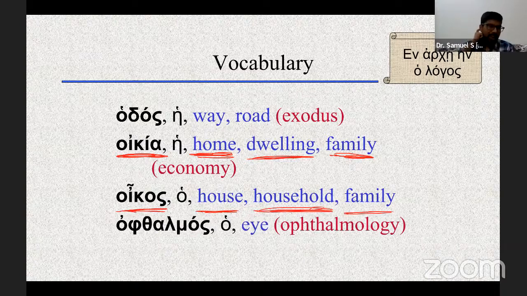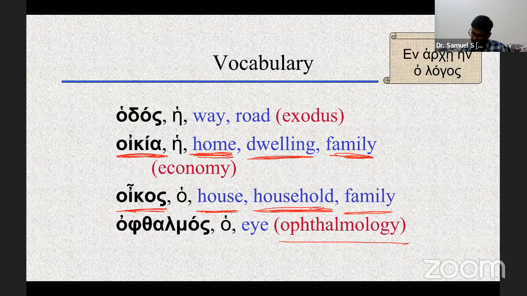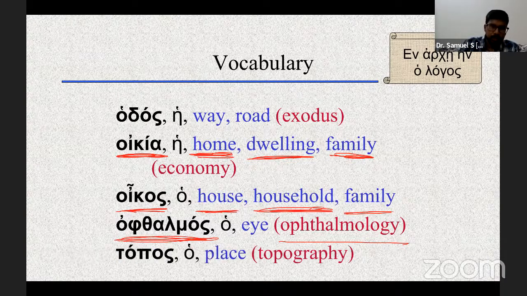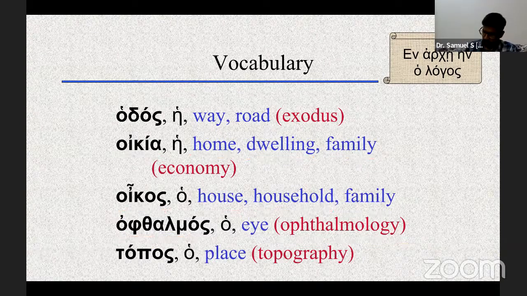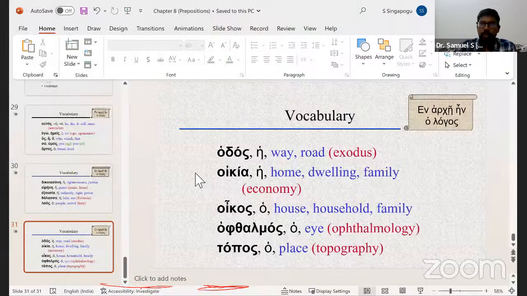Ophthalmos, eye. Ophthalmology. Topos, topography, a place. Let me stop the screen.